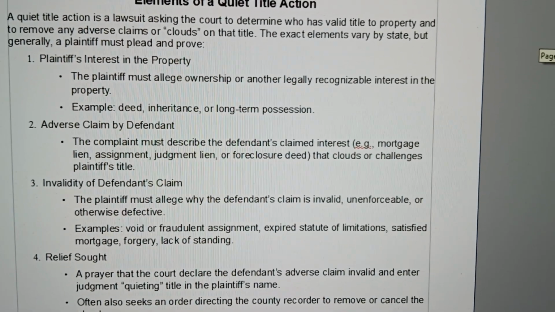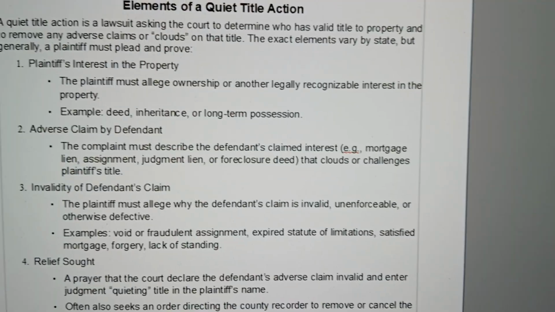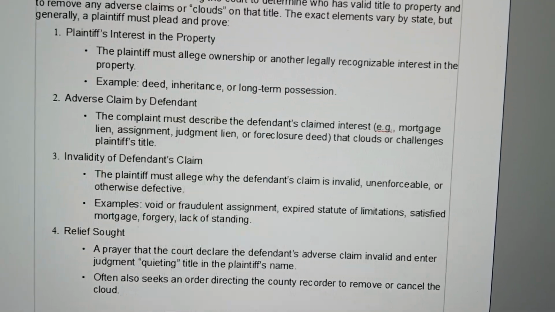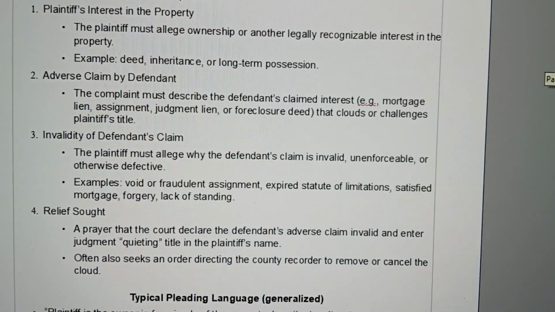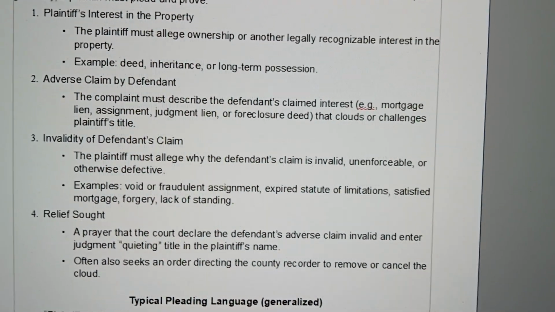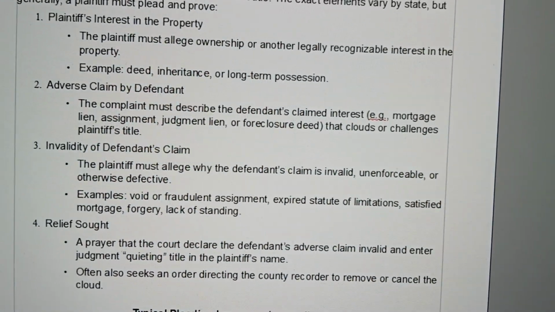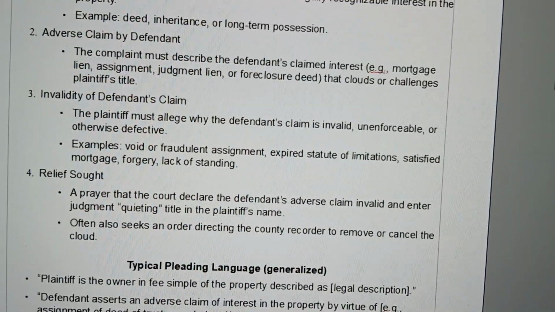Okay, so examples are void or fraudulent assignment, expired statute of limitations, satisfied mortgage, forgery, or lack of standing. Relief sought. A prayer that the court declare the defendant's adverse claim invalid and enter judgment quieting title in plaintiff's name. Often also seeks an order directing the county recorder to remove or cancel the cloud.